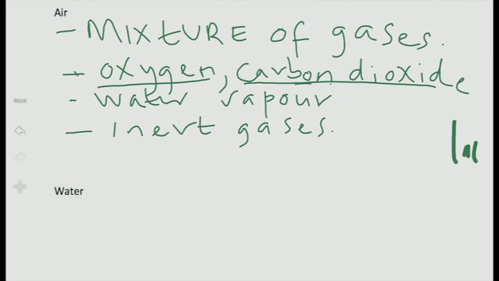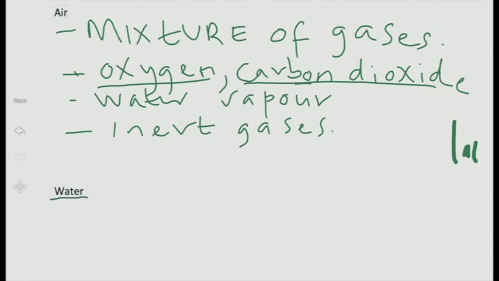So when we talk of air, mainly what we need from the air are these two gases. Not that we don't need the others, but for life support, we normally need oxygen and carbon dioxide.